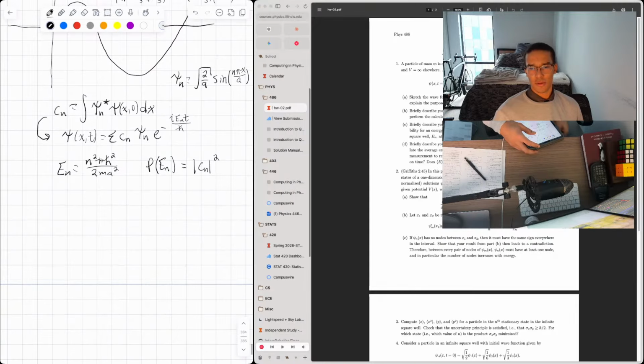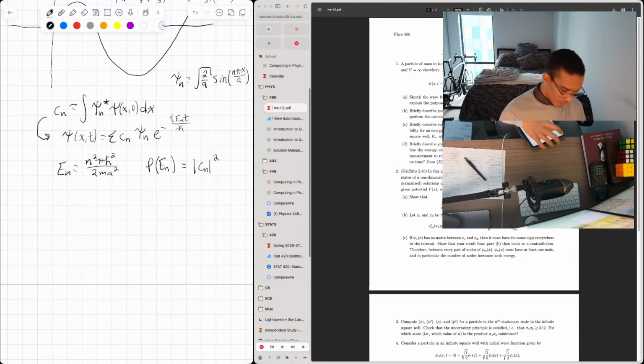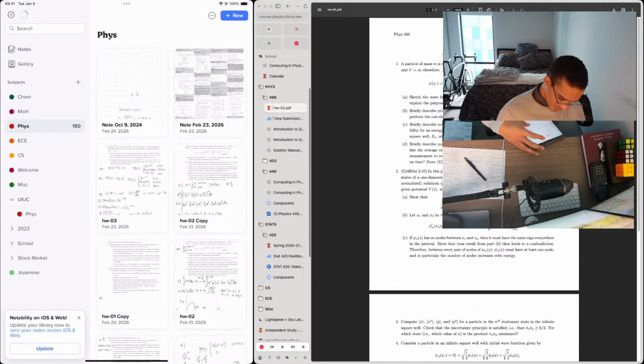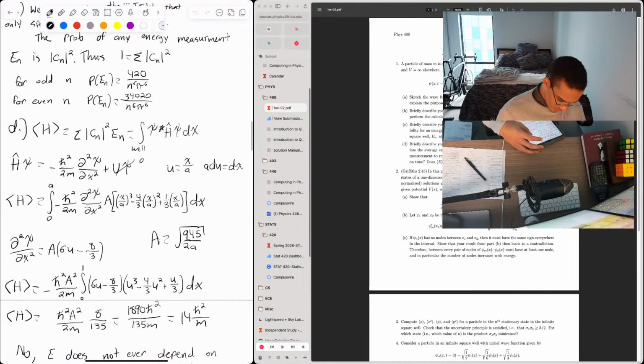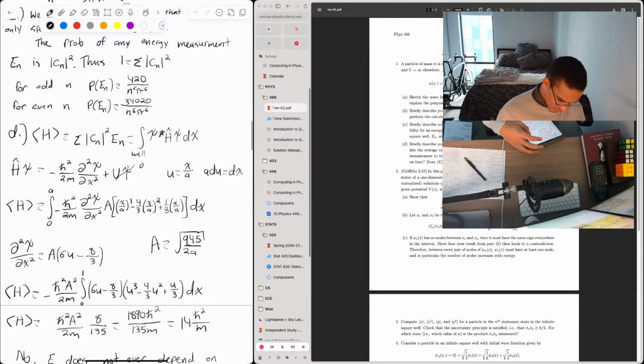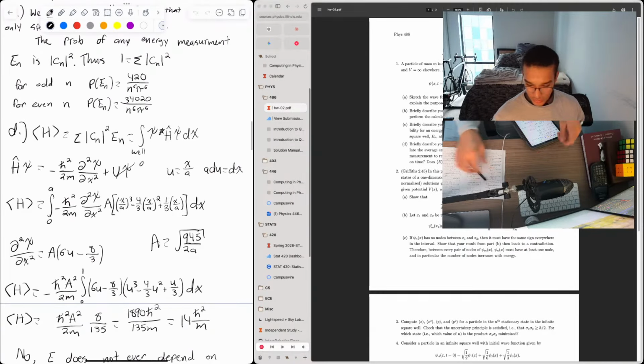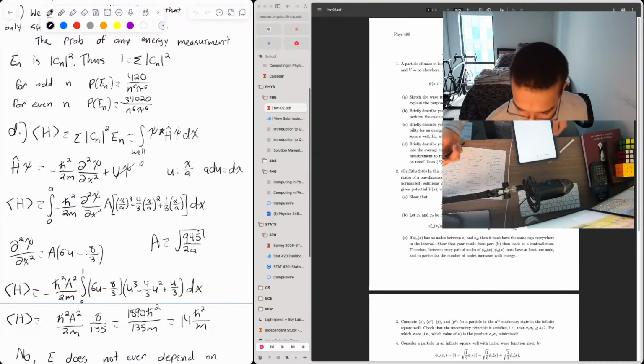Alright, next part. Using the result from the previous part to calculate the energy E. Yeah, okay, wait, actually. Okay. Yeah, this 100% has to be on my paper.